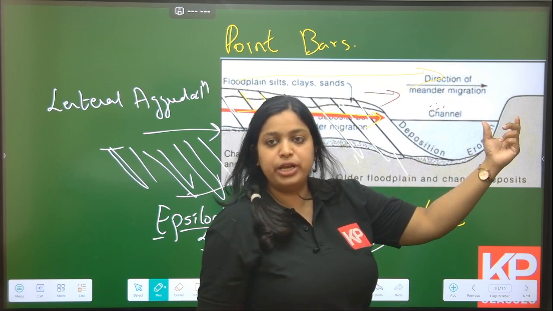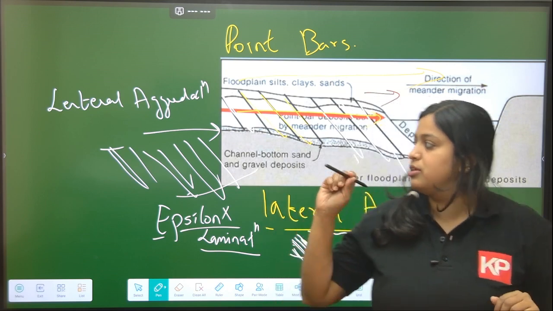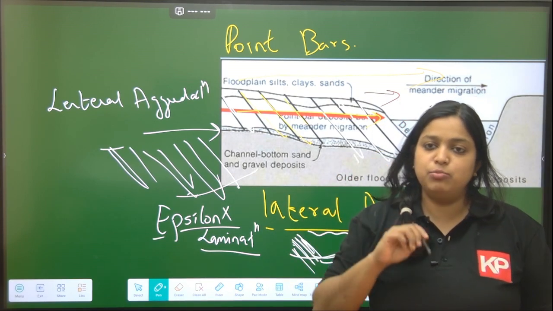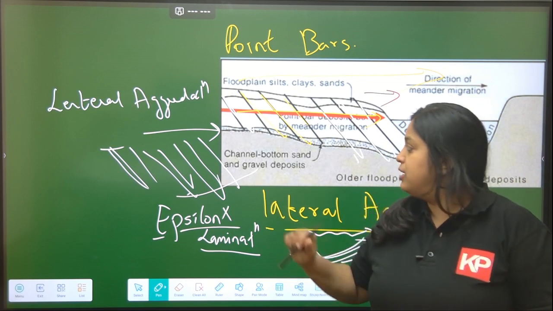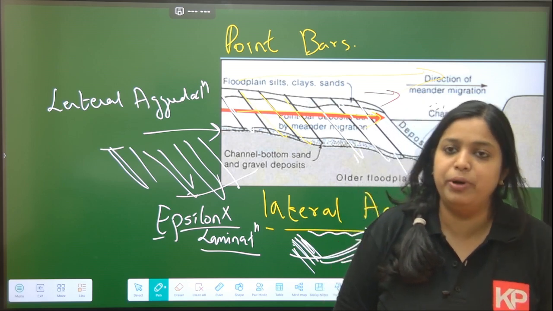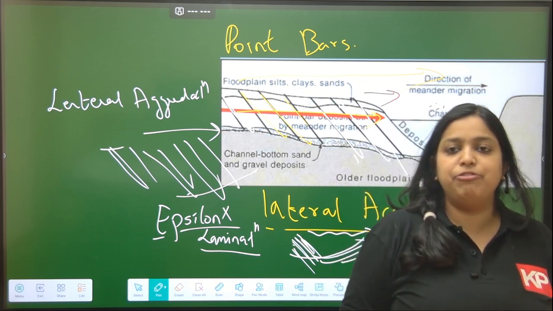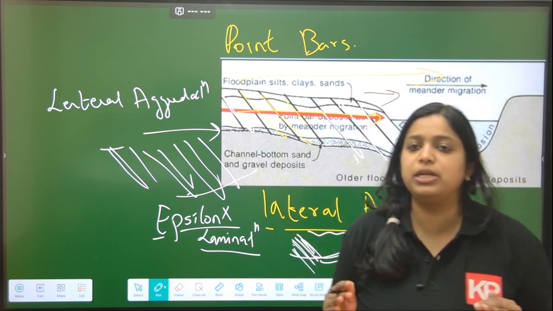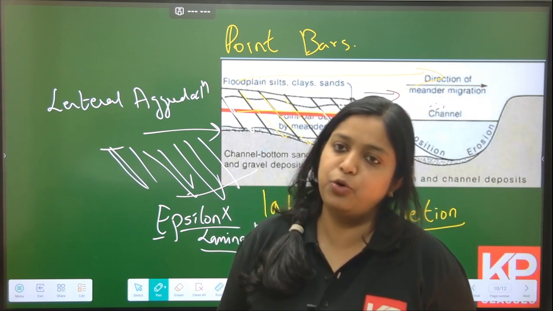The river is flowing towards you. And the paleocurrent direction, whenever we get a point bar, will be perpendicular to the direction of dip of the point bars.